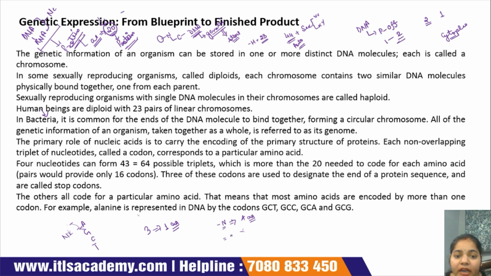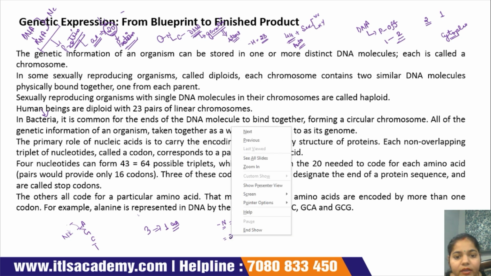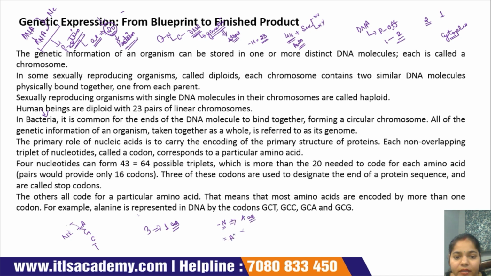Whenever we take a dual nucleotide, suppose AT, a combination of 2, then it will code only 16 amino acids. How will it code only 16? Total number of nucleotides is 4, number of combination is 2, so 4 to the power 2 is 16. Only 16 amino acids are coded by the combination of 2.